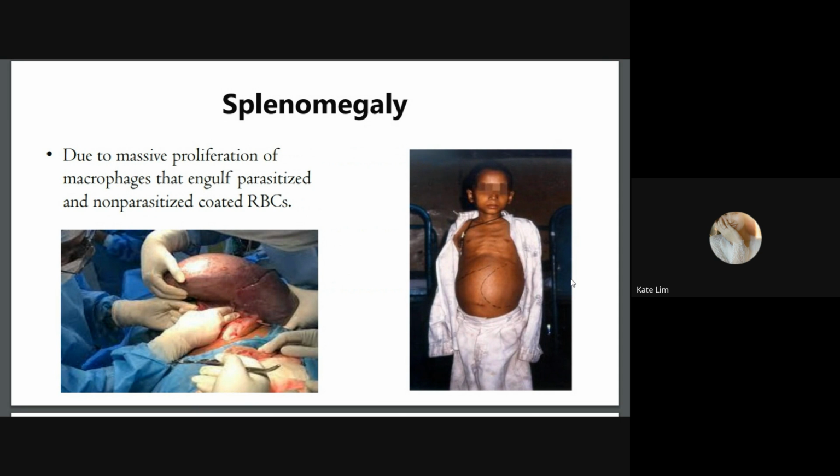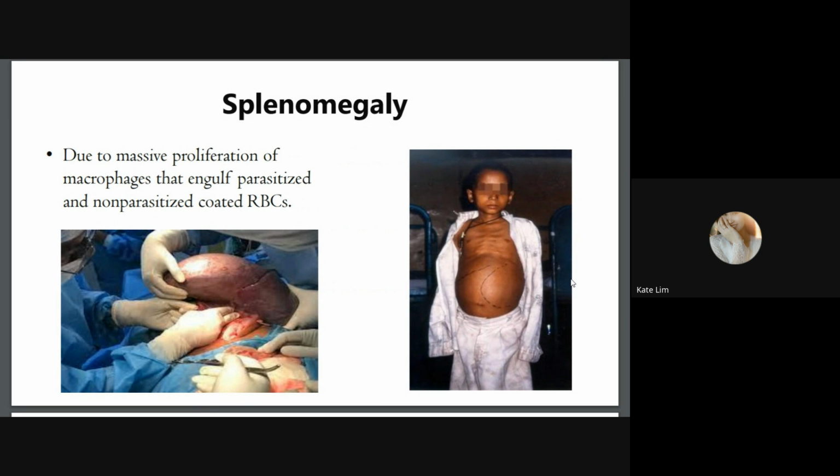But over time, this was redefined as hyperreactive malarial splenomegaly. According to CDC, it is now recognized as hyperreactive malarial splenomegaly, or HMS.